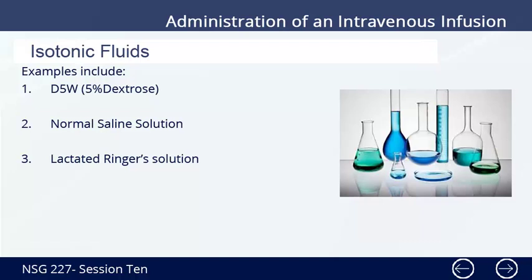1. D5W, 5% dextrose. It has a serum osmolality of 252 mOsm/L. Once administered, the glucose is rapidly metabolized, and this initially isotonic solution then disperses as a hypotonic fluid, one-third extracellular and two-thirds intracellular.